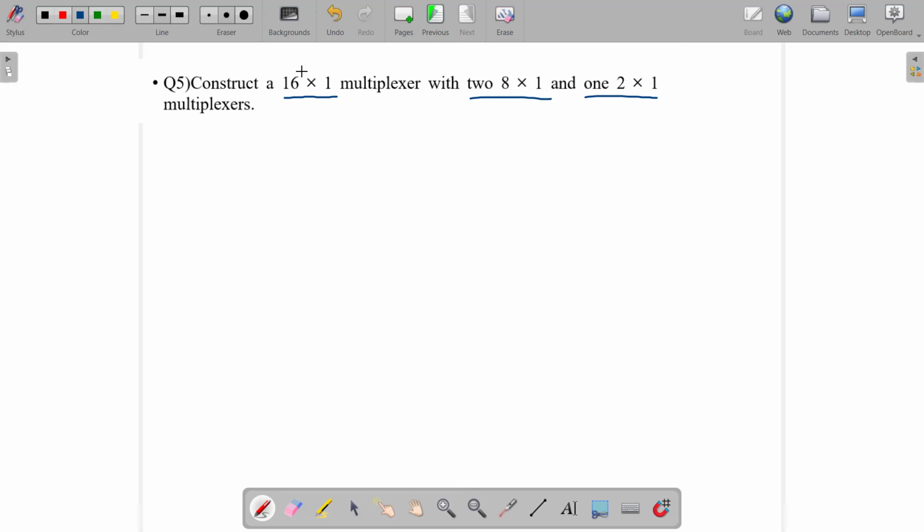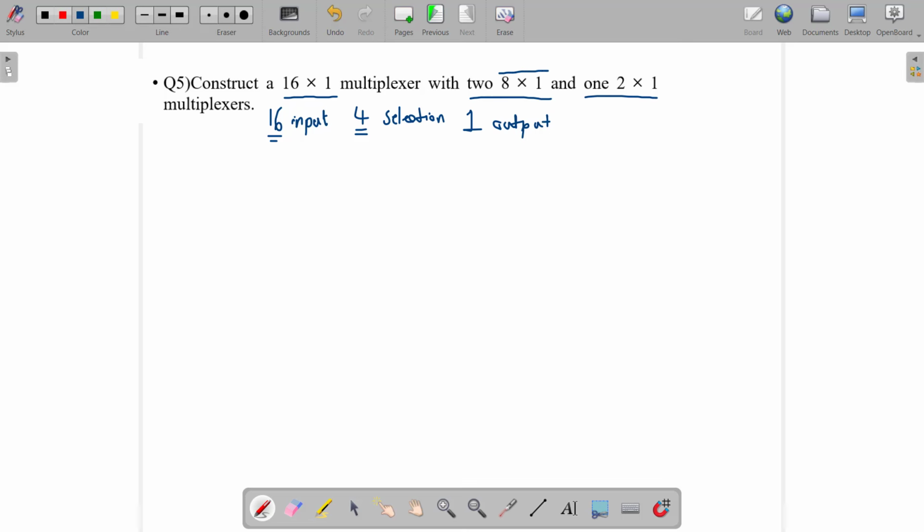So we know that in this 16 by 1 multiplexer we have 16 inputs, 4 selection lines and 1 output. So we have to produce all of them: 4 selection lines, 16 inputs. But how?